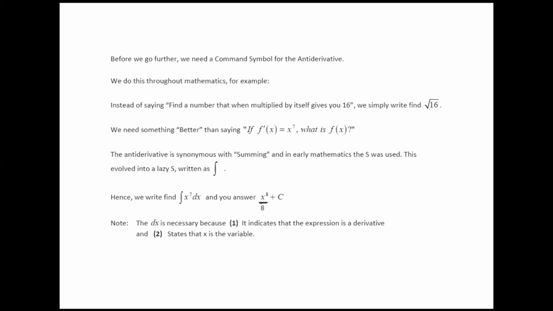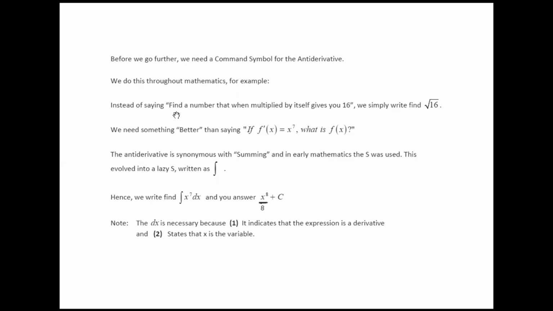For example, when you're told find a number when multiplied by itself to give you 16, that's rather wordy. We would like to have a command that says that, and we do. Square root of 16. That when you have the radical over 16, that means find two numbers that multiply themselves to give you 16. And we do this throughout mathematics.